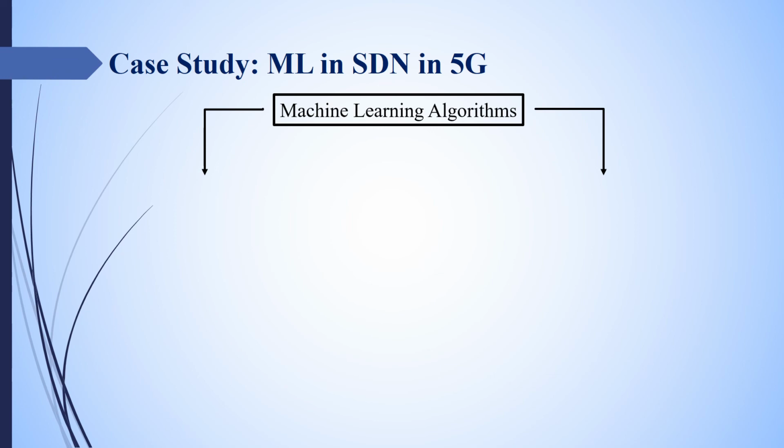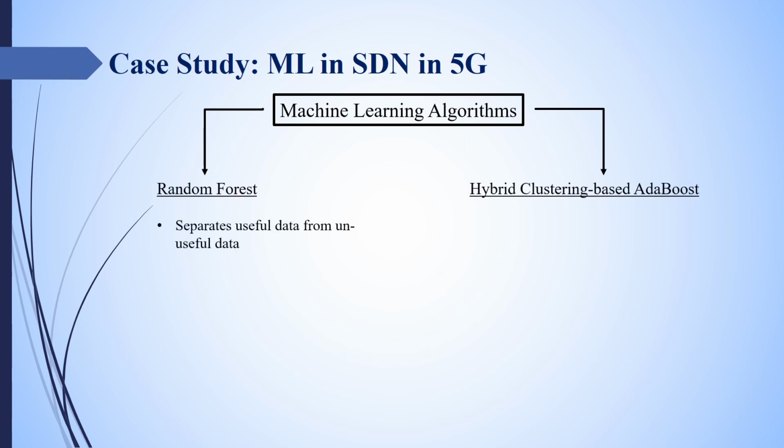First of all, we have random forest, and we have hybrid based clustering. In random forest, we separate the useful data from the unuseful data, and the benefit of using random forest is that we do not need to prune trees, we do not need to cut data, but data is automatically fitted depending upon the conditions. This is why we use random forest.